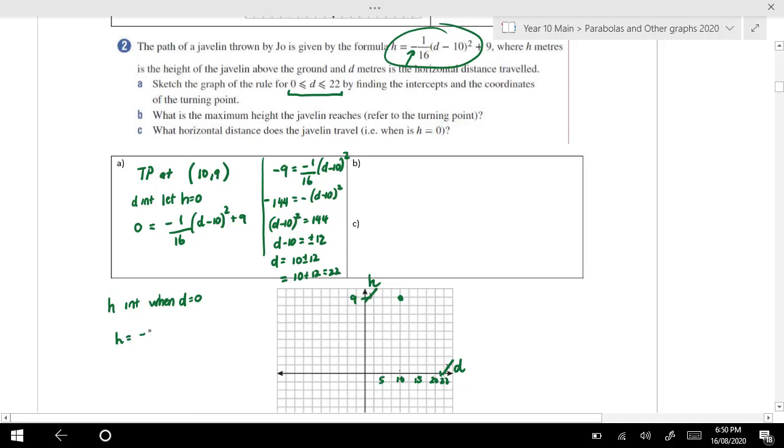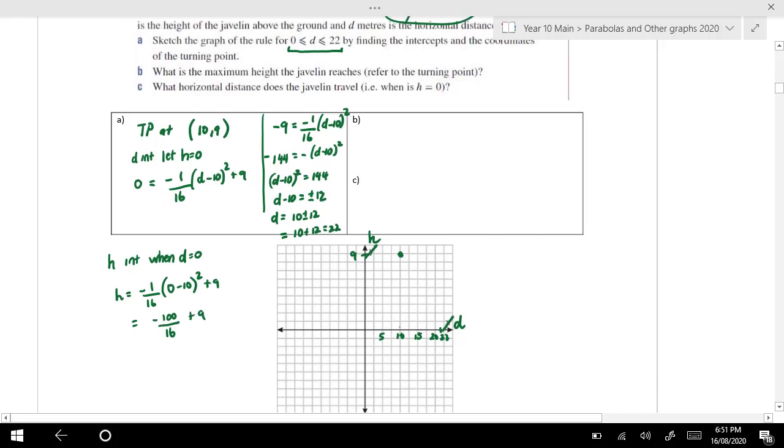So we've got minus 1/16 times (0 minus 10) squared plus 9. 10 squared is 100, so that's going to be negative 100 over 16 plus 9.